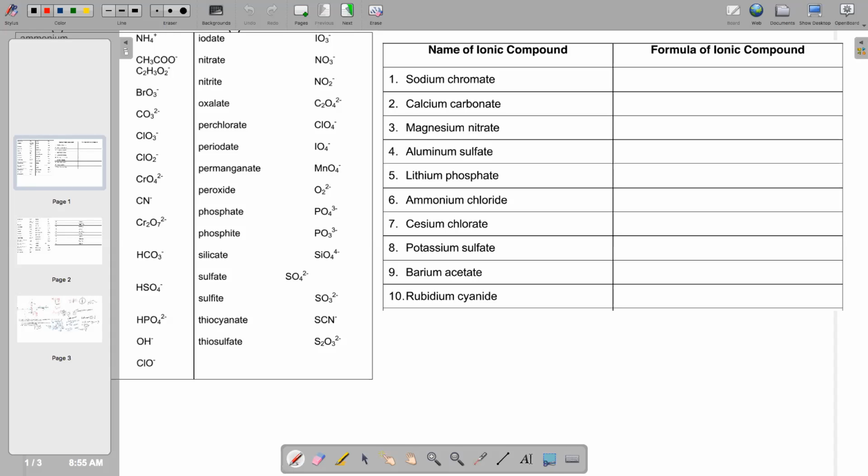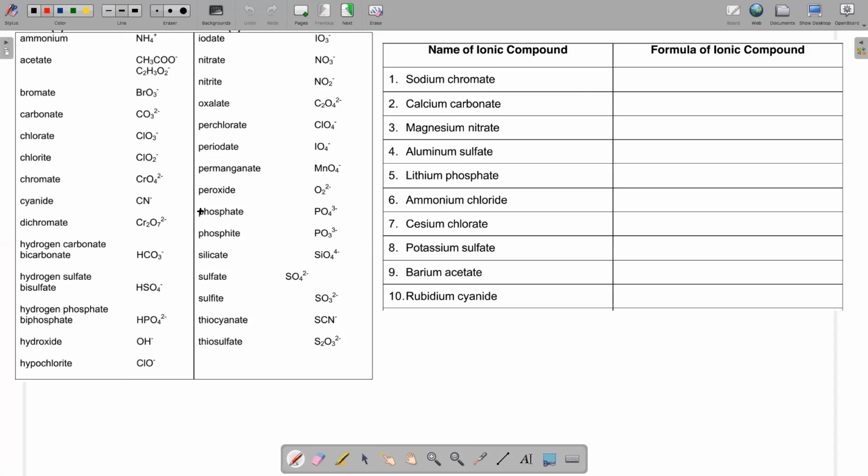Okay, I'll get my stylus. What I have on this screen is a reference for all the polyatomic ions, so I can just see them real quick. And these are the practice problems from the top half of the page. There's the name of the compound, and we need to be able to write what the formula is.